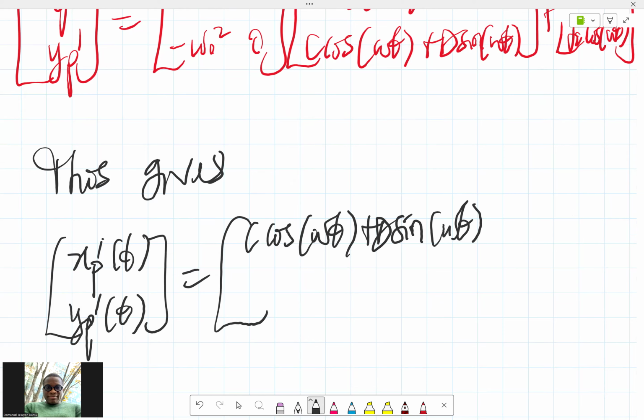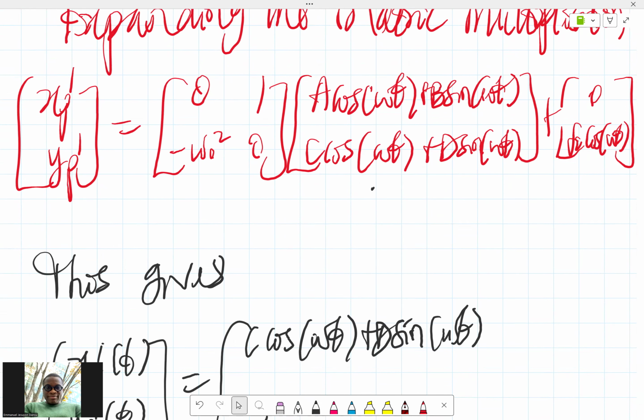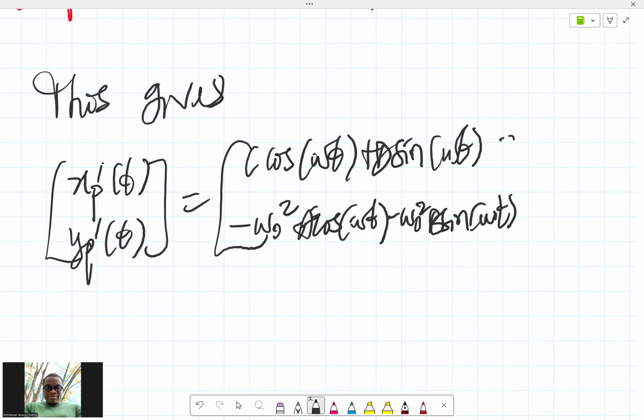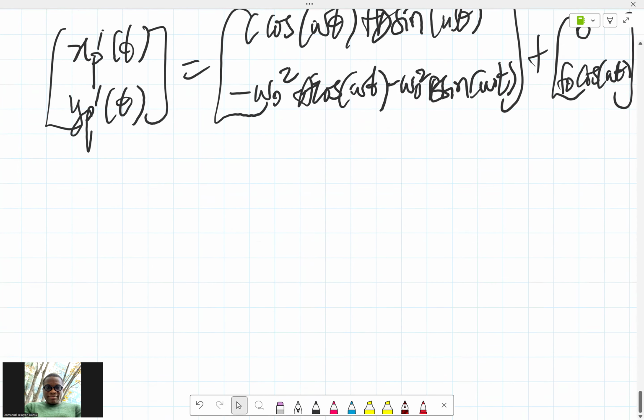Then for the second one, we put minus omega naught squared over this, so the 0 cancels the second one. So we have minus omega naught squared multiplied by the first line, so minus omega naught squared A cos omega t minus omega naught squared B sine omega t, all of this plus 0 times f naught cos omega t. Okay, so that's what that gives.